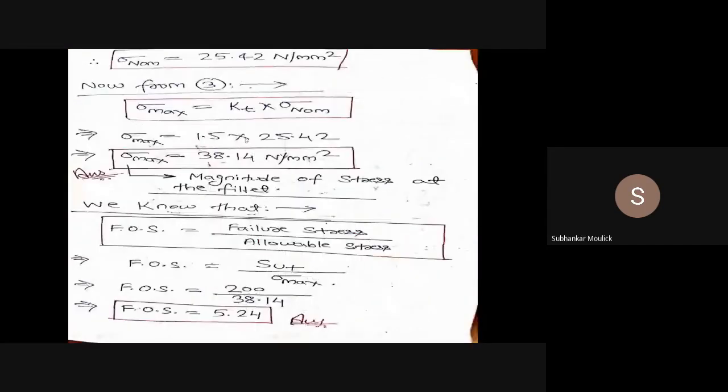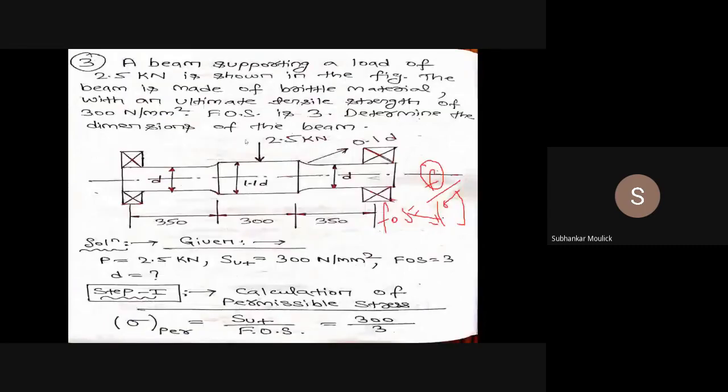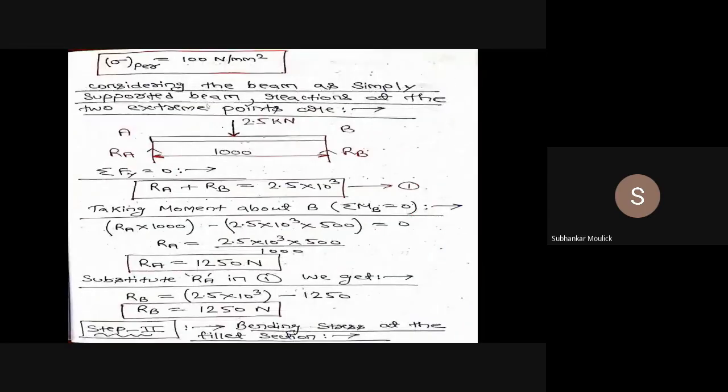And this 100 Newton per mm square I have to equate with either the maximum bending stress generated at the fillet cross section, or the maximum bending stress generated at the middle cross section of the beam. Yes or no? Is it clear? Any doubt?